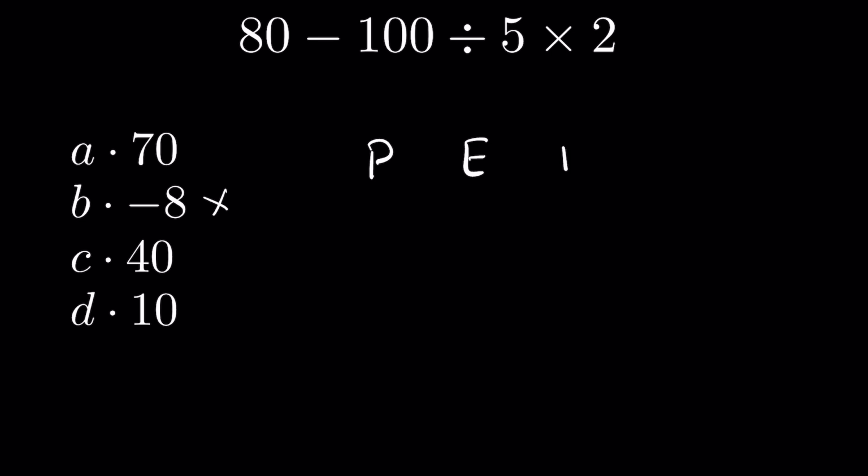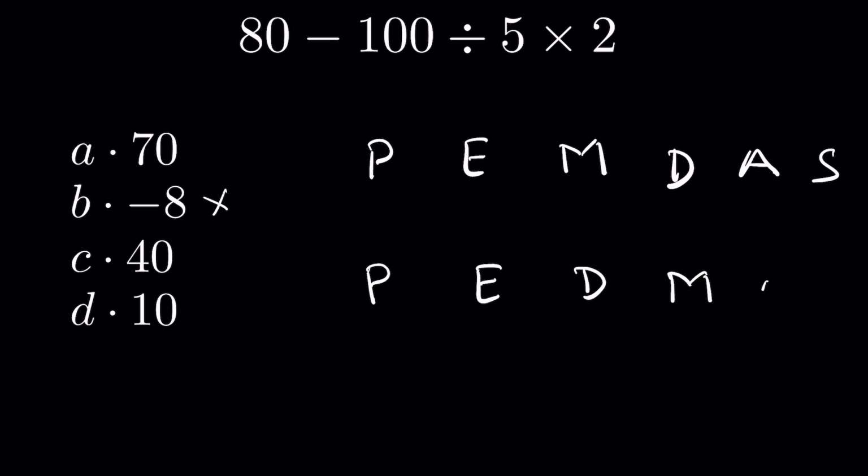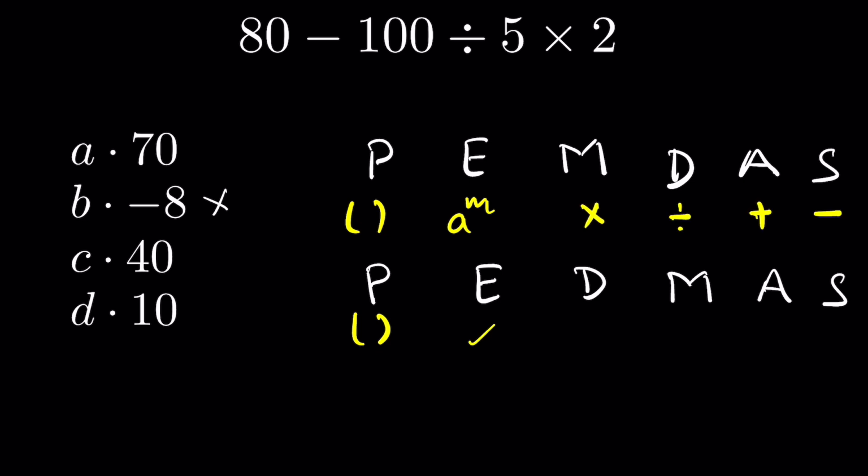Parenthesis, exponent, multiplication, division, addition, subtraction. You can also follow Pedmas, parenthesis, exponent, division, multiplication, addition, subtraction. So we first solve parenthesis, then comes exponents, orders, indices, roots, then multiplication, division, addition, subtraction.